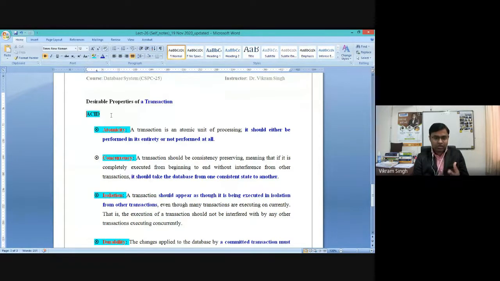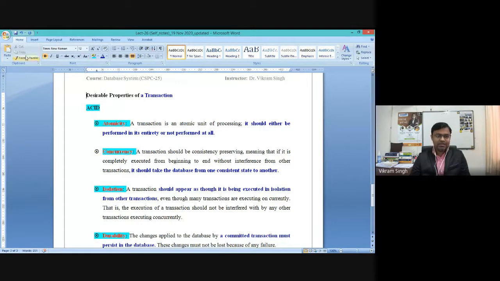That's the solution. If a database system is able to ensure these four properties on each transaction, then there will be no problem of transaction failure, and no loss of data when the transaction happens, right? These properties are referred to as desirable properties of a transaction.